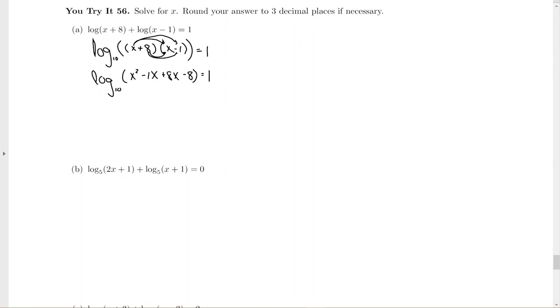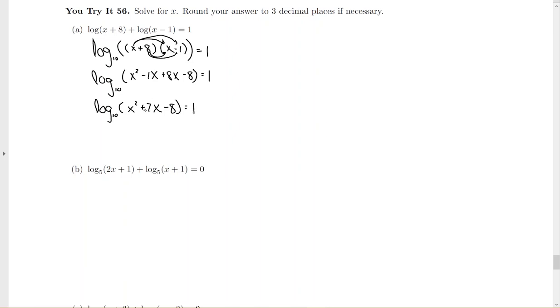All right, from here, combine like terms. So we have log base 10 of x squared plus 7x minus 8 equals 1.